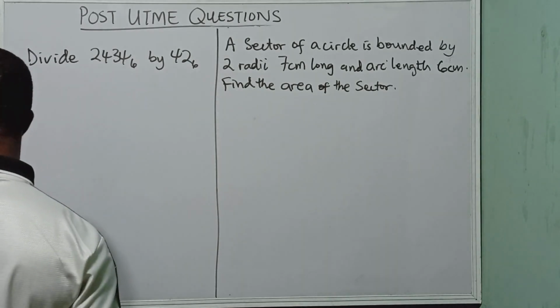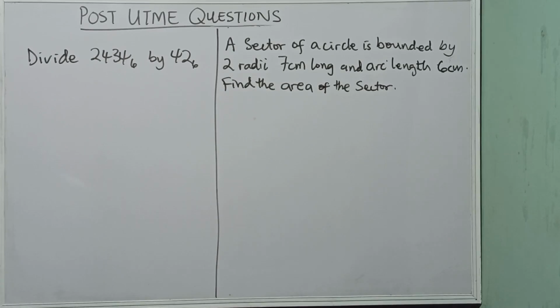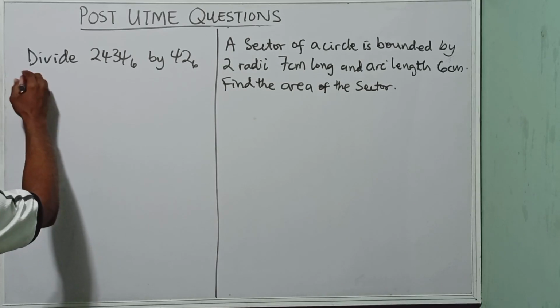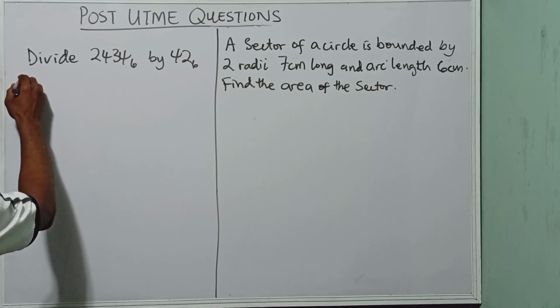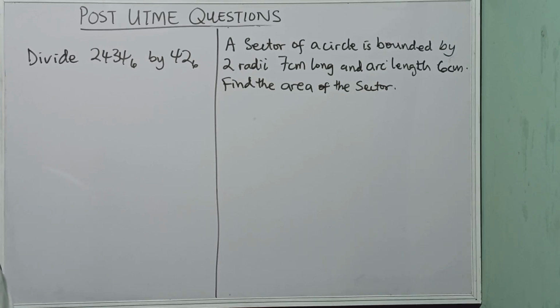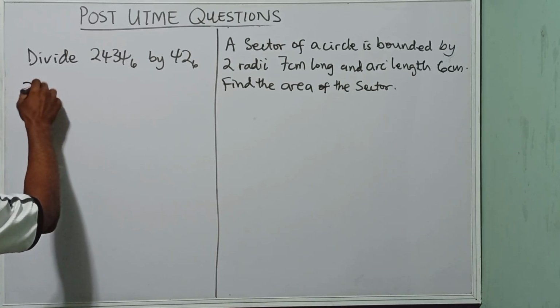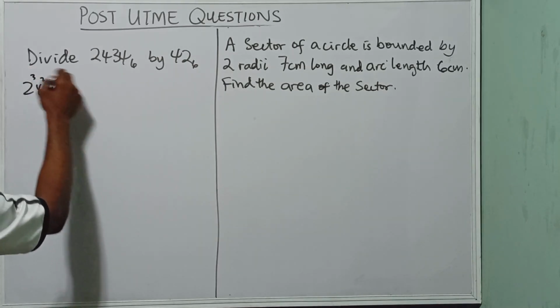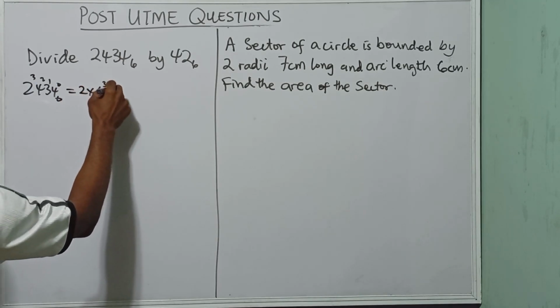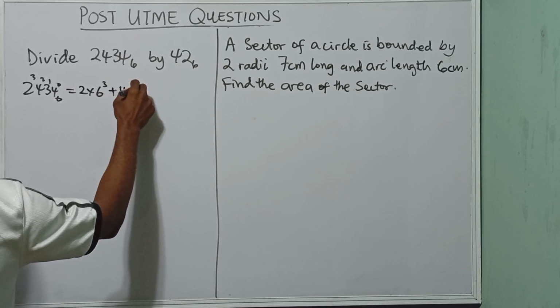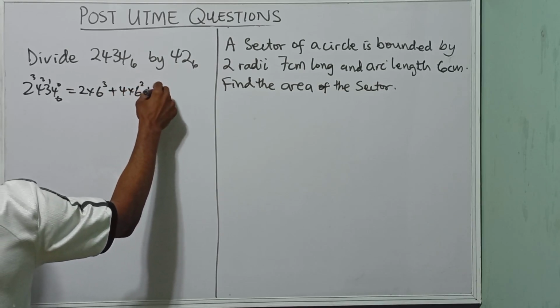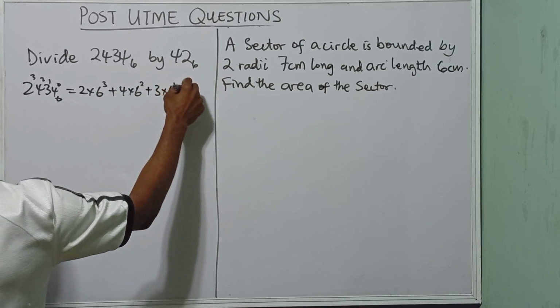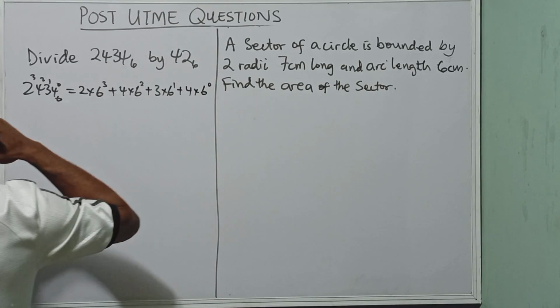So if we are to convert 2434 base 6 to base 10, we have place values 0, 1, 2, 3: 2 times 6 raised to power 3 plus 4 times 6 raised to power 2 plus 3 times 6 raised to power 1 plus 4 times 6 raised to power 0.